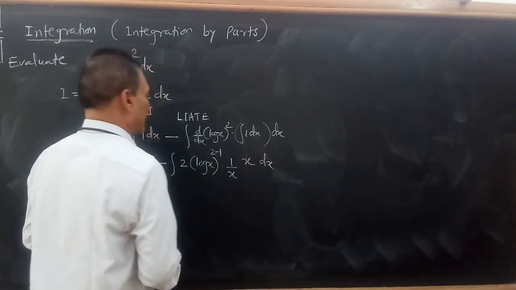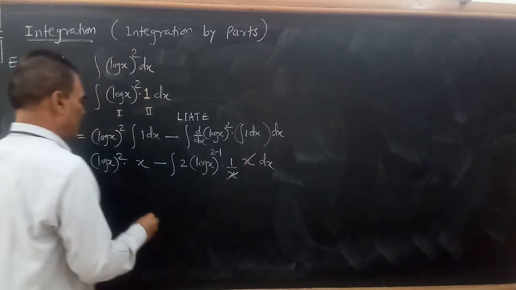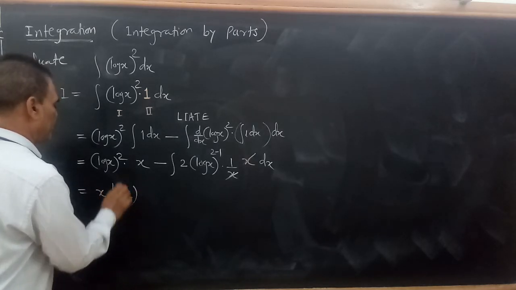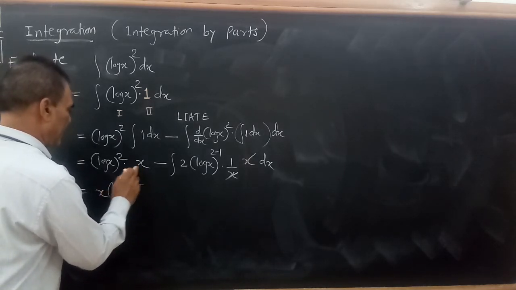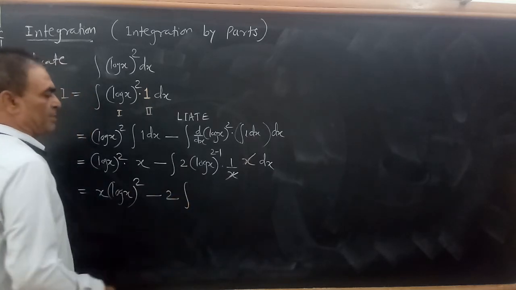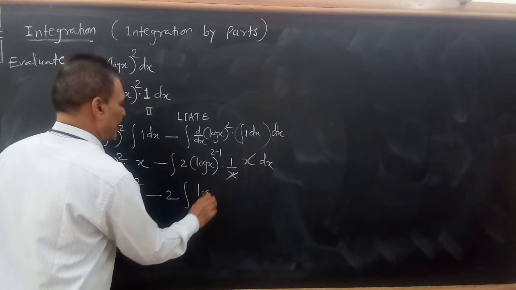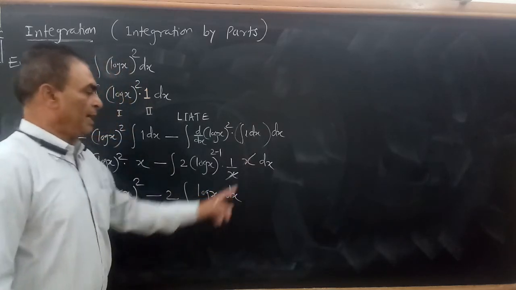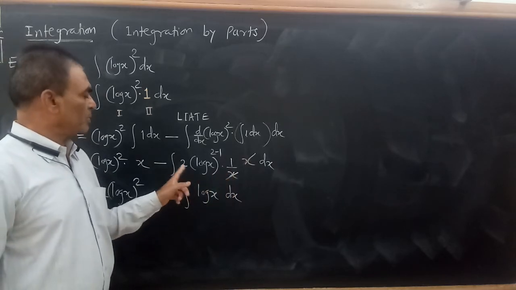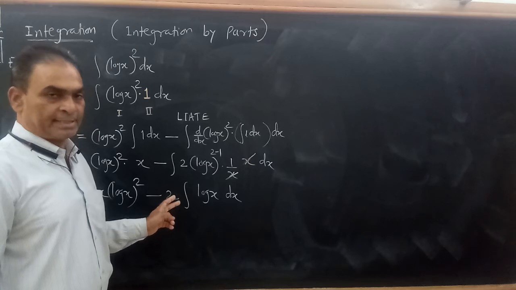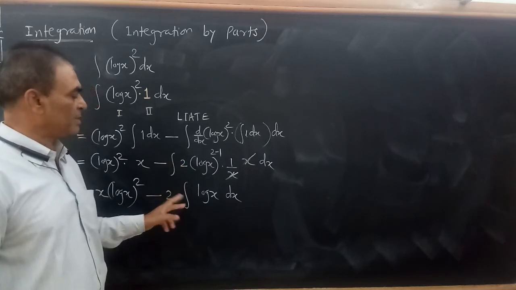Cancel this x, which is equal to x log x bracket square minus 2 into integration of log x into dx. Because x automatically cancelled, the constant of integration, the constant term, take outside the integration, only log x is there.